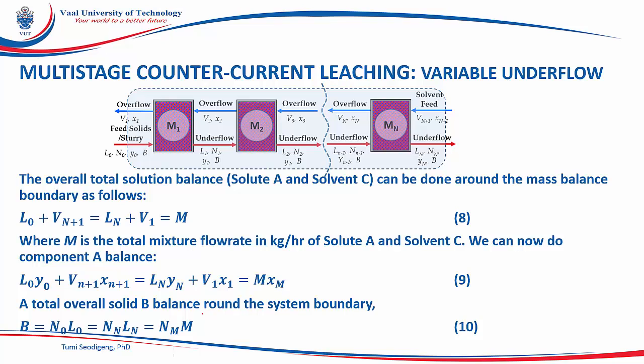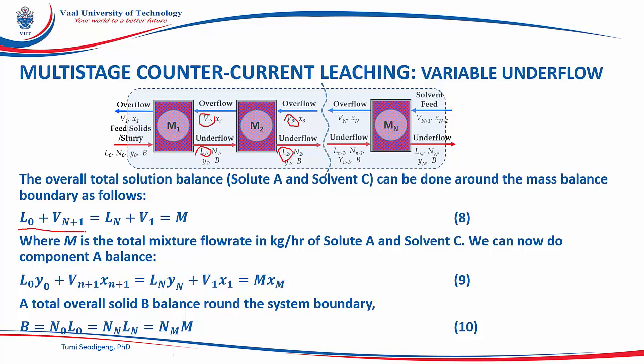The variable underflow leaching operation is very similar to the liquid-liquid extraction, where the flow rate of L and V changes from stage to stage, which means that as you move from this stage to this stage, the values of V and L will change. That's essentially what that means. The overall total solution balance, that is the balance of solute A and solvent C, can be done around the mass balance boundary as we have drawn it here, as follows.